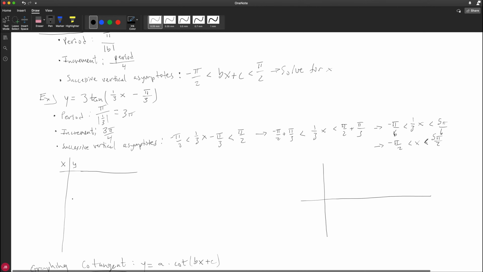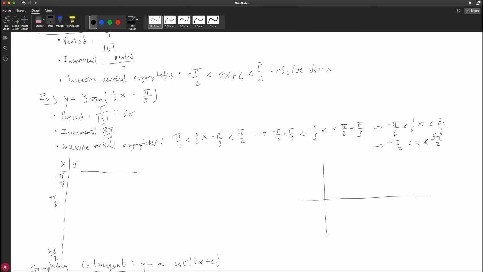Okay, so what we're going to do now is start with that number on the left, which is minus pi over 2, and now we're just going to increment until we get to the number on the right. So the very last thing I have down here will be 5 pi over 2. And so I should have 3 values in between. Well, let's see. Minus pi over 2 plus 3 pi over 4 is pi over 4.